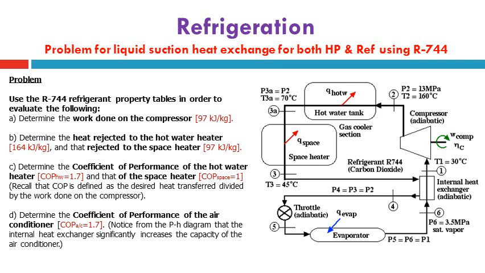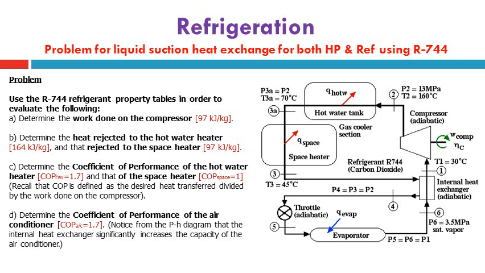Use the R744 refrigerant property table in order to evaluate the following. A. Determine the work done on the compressor. B. Determine the heat rejected to the hot water heater and that rejected to the space heater. C. Determine the coefficient of performance of the hot water heater and the space heater.